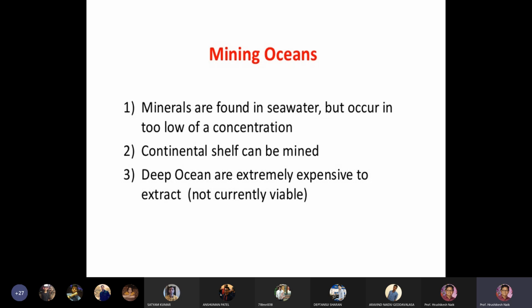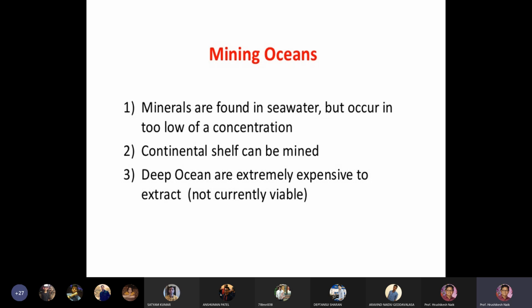So ocean mining methods are the methods used for mineral deposits which are lying on the ocean sea floor. Minerals found in seawater occur in too low a concentration.